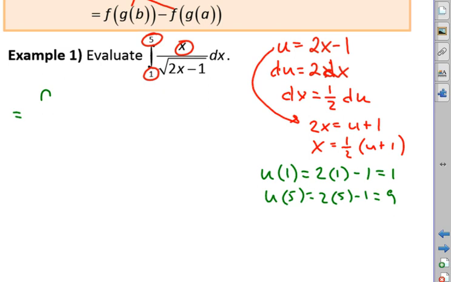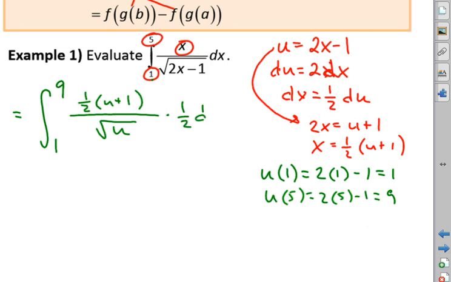So this is equal to the integral, after making all our substitutions, from 1 is 1 still, to 5 is now 9. X, we said, is 1/2 u plus 1 over the square root of u, and then dx is 1/2 du.